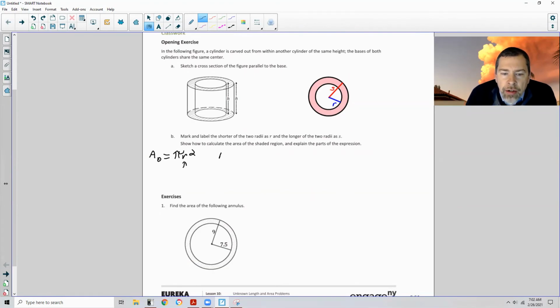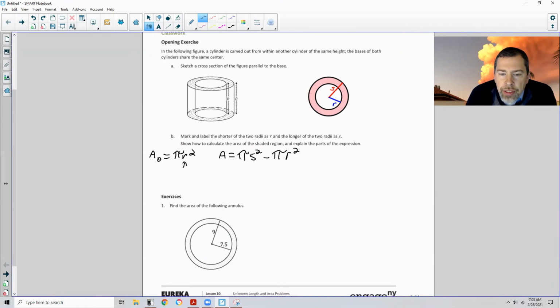So the area of the ring is going to equal the area of the outside circle, and the radius of the outside circle is S. So the area equals pi S squared. Okay, that's the outside circle, minus the area of the inside circle, which is pi r squared.